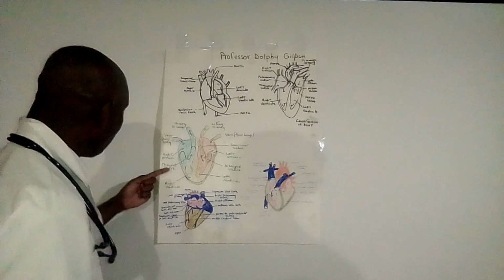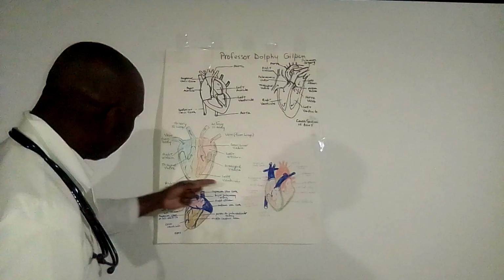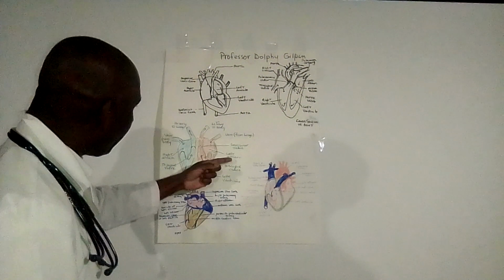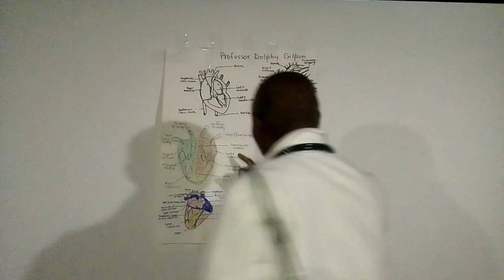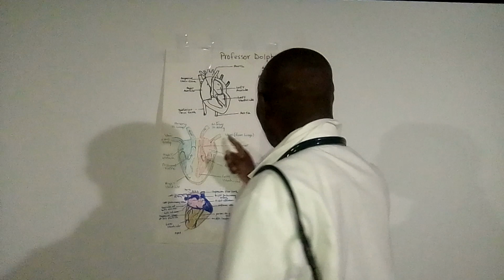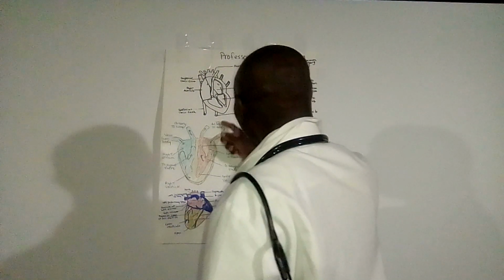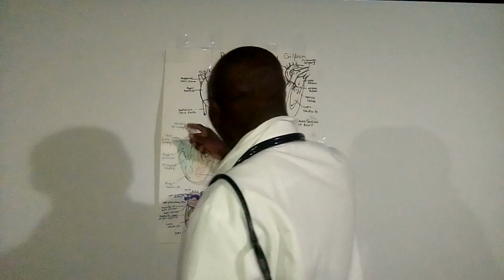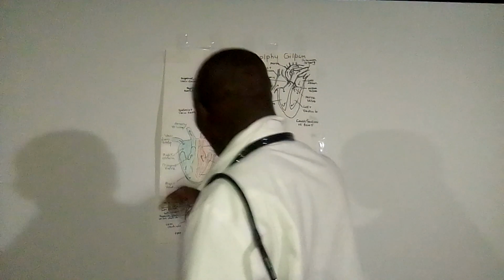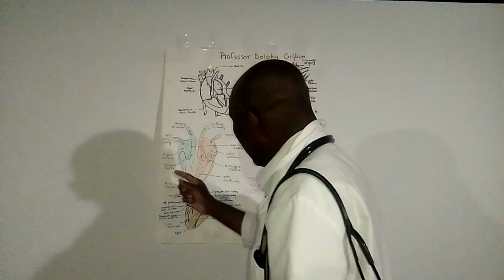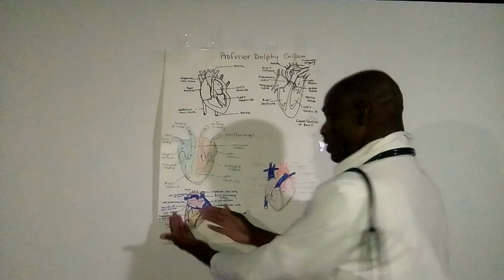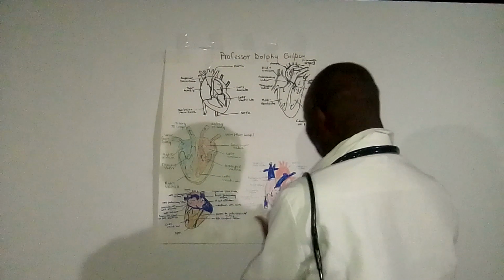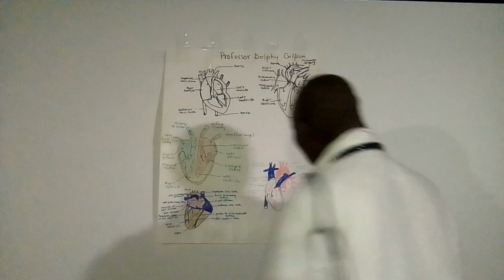And here we have also some valves: the tricuspid valve, the left ventricle, bicuspid valve, left atrium, the semilunar valve, vein from the lungs, artery to the body, artery to the lungs, veins from the body, right atrium, tricuspid valve, and right ventricle. And these are the 2 detailed labeled diagrams of the hearts.